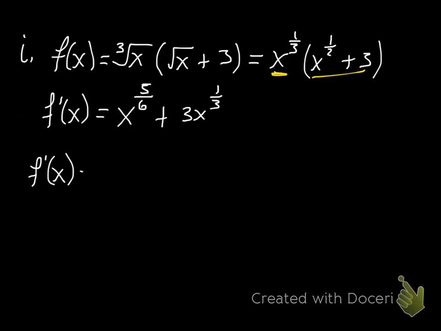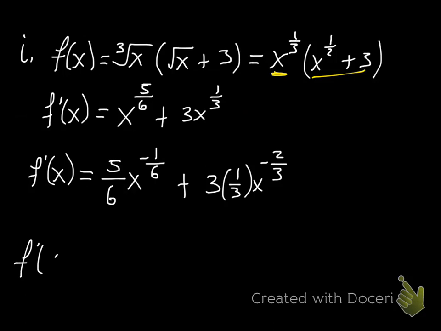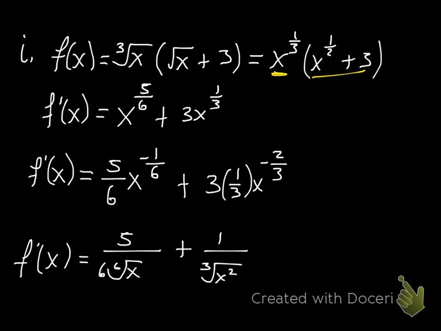So I'm going to use the power rule. 5/6 comes down, subtract 1 from your exponent. 5/6 minus 1 is negative 1/6, plus 3, and then the 1/3 exponent comes down, x to the minus 2/3. And we'll just rewrite that: 5 over 6 root of x plus 1 over cube root of x squared. You could find a common denominator, but this is probably good enough.